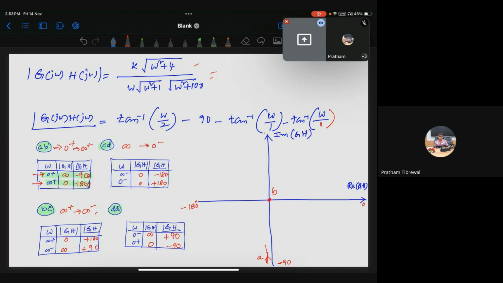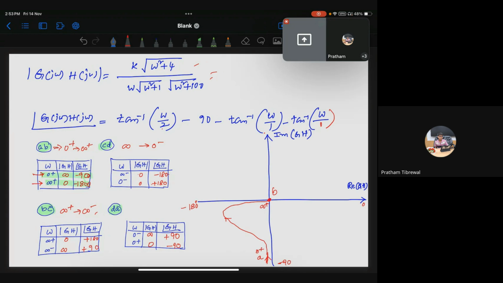You have to go like this. So it is going here and taking this as support, it reaches 0. This is 0 plus, this is infinity plus. If you have any doubts about plotting these, please ask me.